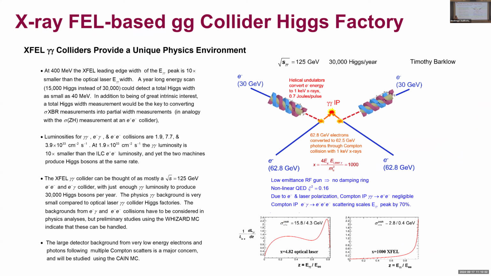Another idea that's dear to my heart and very close to the work we're doing here at CXFEL is not to directly smash electrons and positrons together, but to use the electrons to generate photons like we're doing in CXFEL, and then smash the photons together to study physics like the Higgs boson.